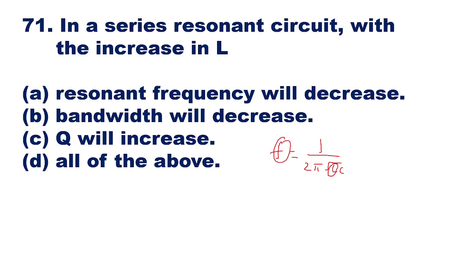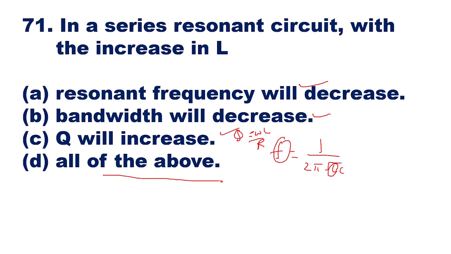This is a correct statement. Bandwidth will also decrease, and it will also increase the Q factor because Q is equal to omega L upon R. So if L increases, Q increases. So all of the above is the right answer here.